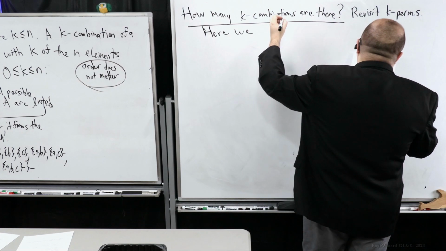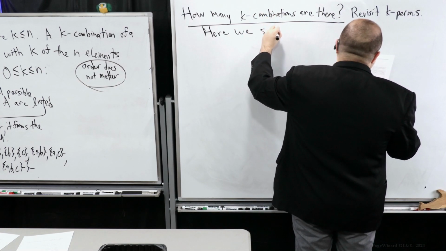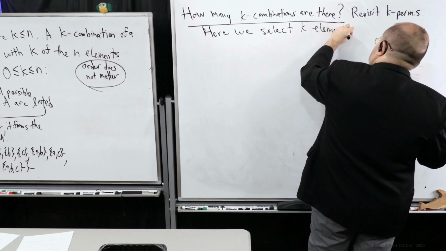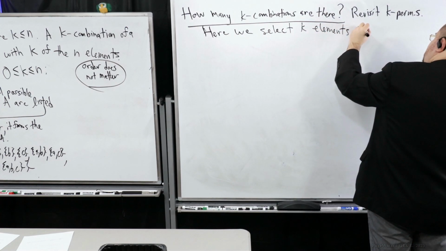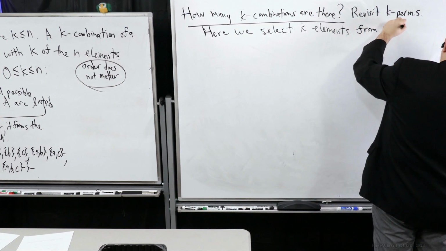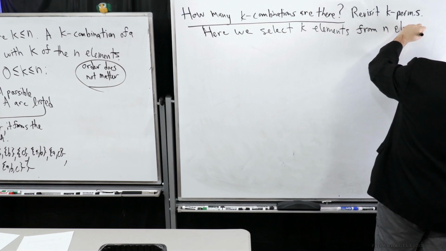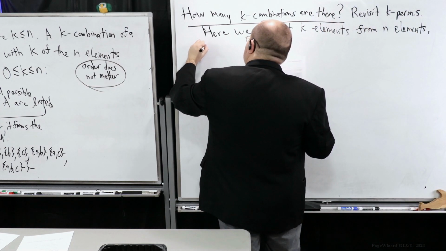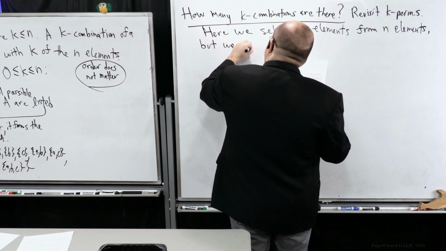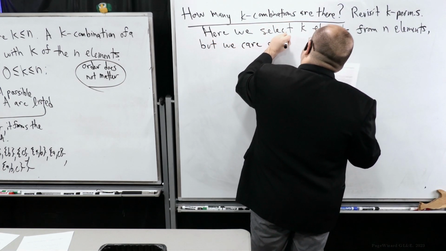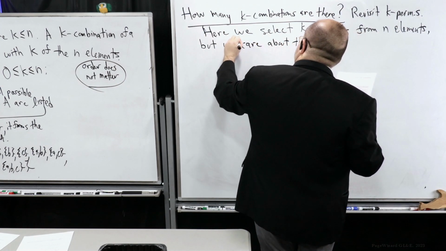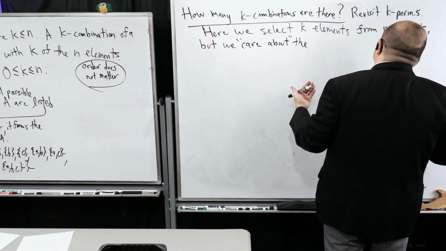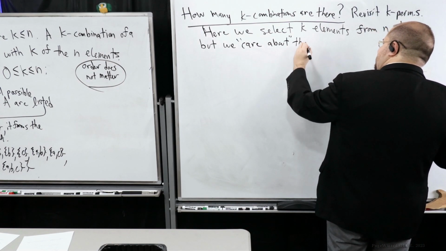Here we select k elements from n elements. But we care about, I'll put that in quotation marks, what is an intrinsic property of k-permutations: these are orderings.